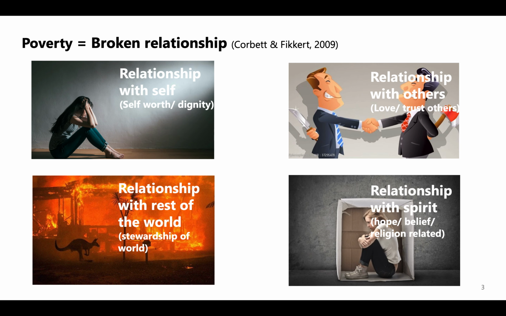Rural areas usually feature poverty. According to Corbett and Fikkert, poverty is not only about material need, but it means different forms of broken relationship, including broken relationship with self, like low self-esteem or dignity, broken relationship with others, like no love or trust to others, broken relationship with the rest of the world, like lack of the ability to manage and steward the resources around us, and broken relationship with spirit, like no hope or belief in life, or it could be more religion related, like in Christianity, it is about the relationship with God.